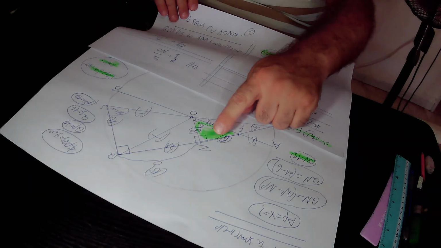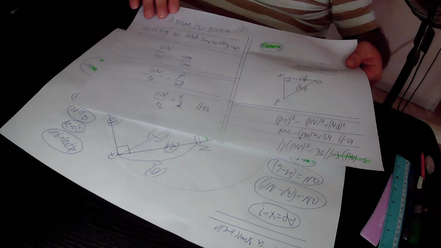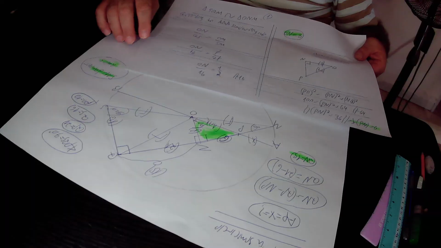ON is the missing side, so we leave it as it is, over SQ.